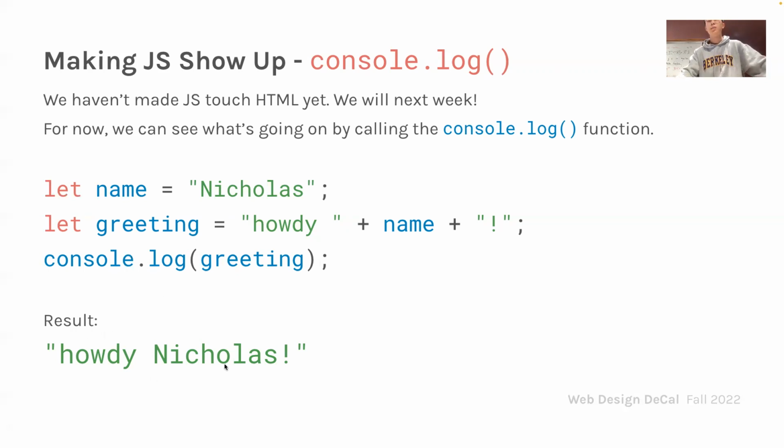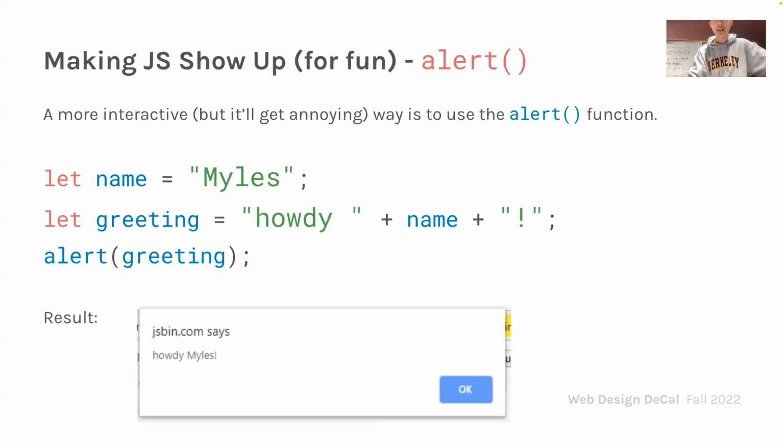You won't really encounter a use case for it just yet, but keep in mind console.log will be helpful when you create your programs and want to do sanity checks, to ensure that it's doing what you expect. Alert is pretty similar. It's kind of a troll. It's a little more interactive and annoying, but you call it the same way.